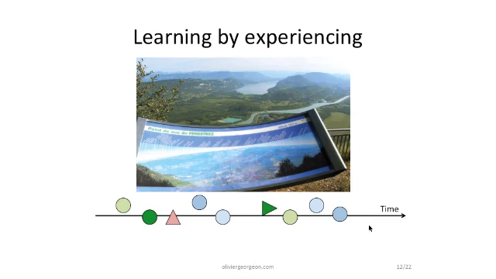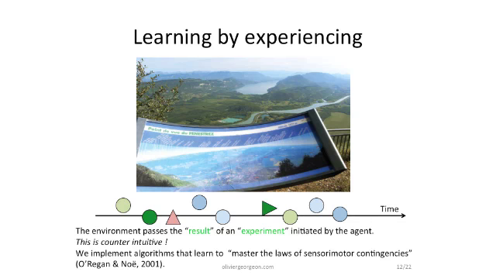And then the problem is to find regularities in sequences of experience, as I said before. So this is a theoretical justification of what I presented earlier. In this case, the environment does not pass an observation to the agent, but a result of an experiment initiated by the agent.